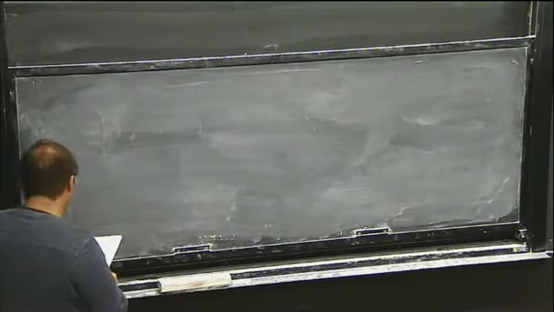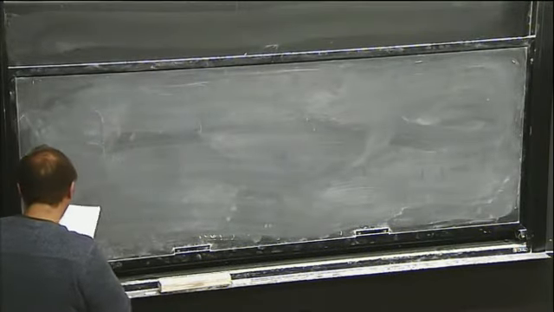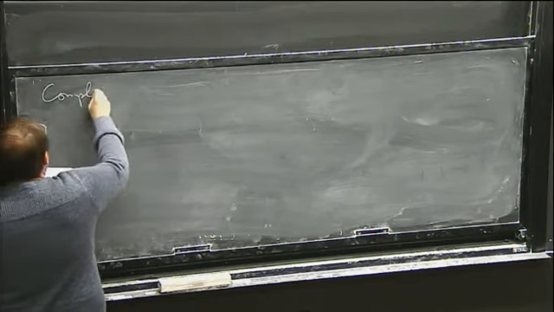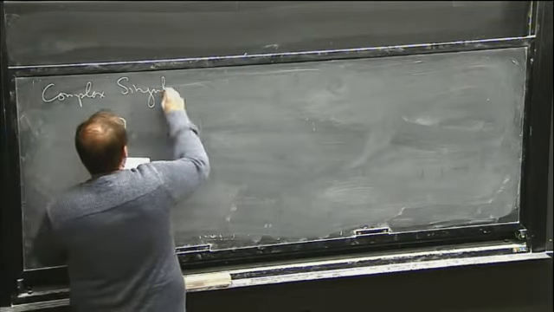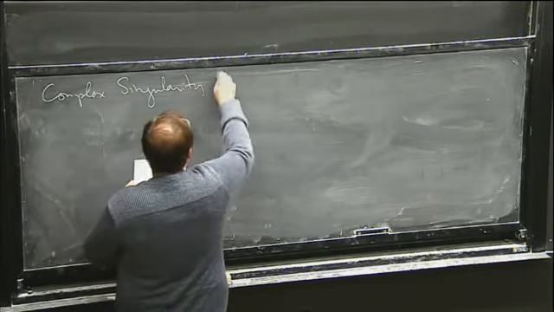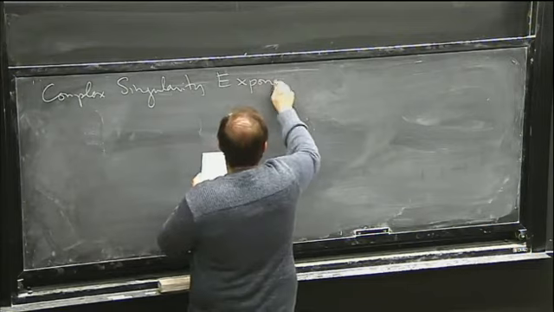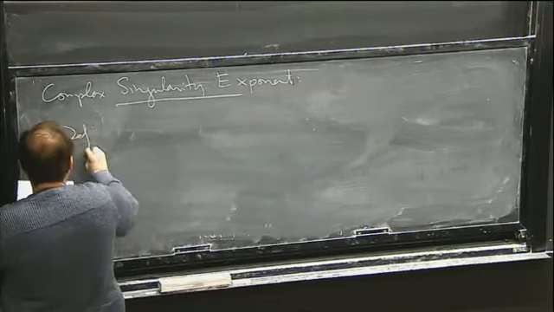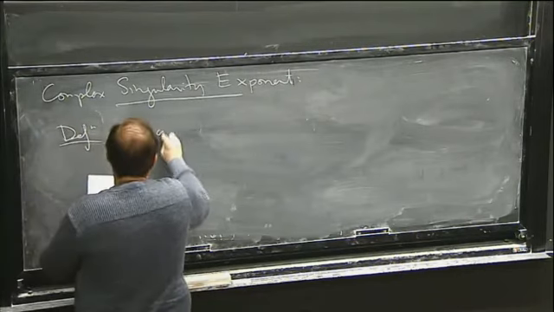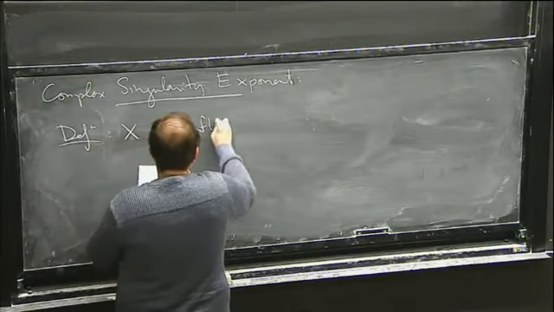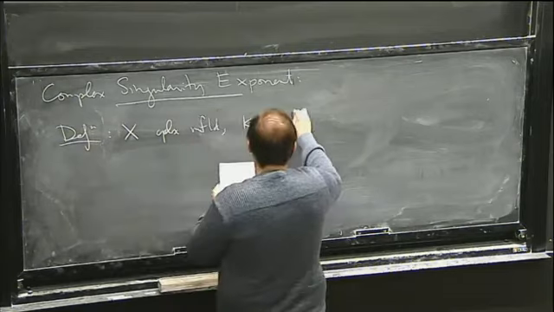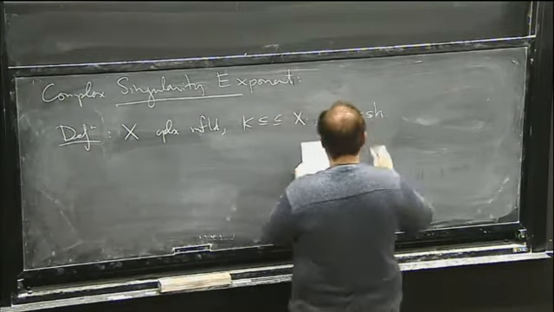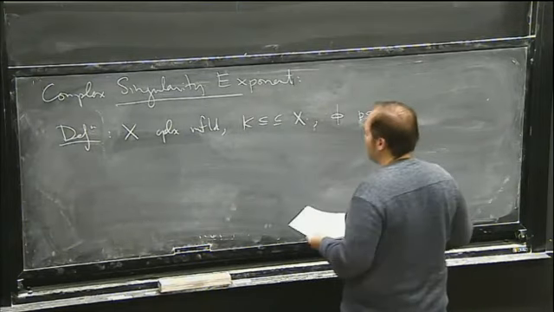Okay, so here's a definition of the complex singularity exponent. You start with any complex manifold X. Take K a compact subset of X, and phi a plurisubharmonic function.